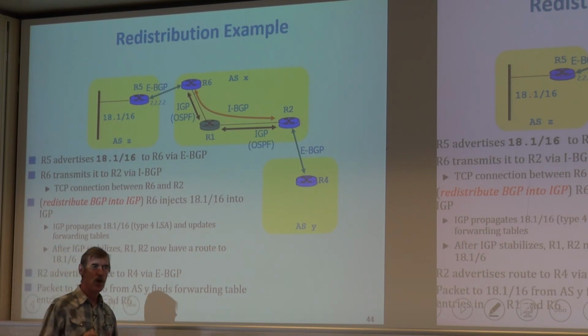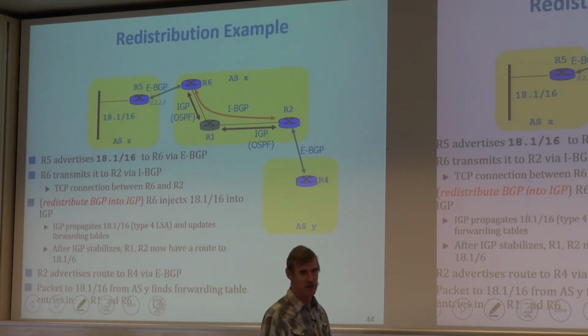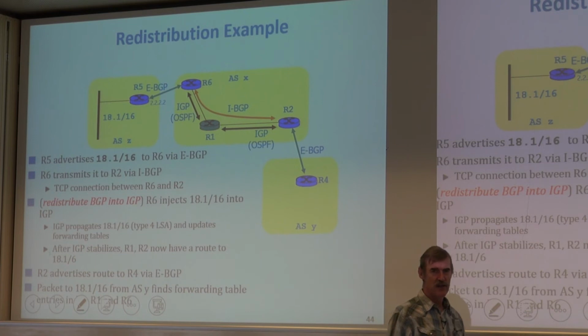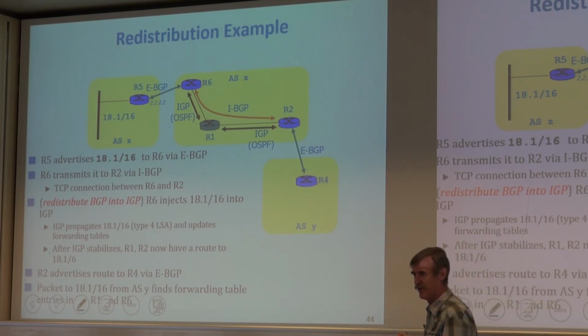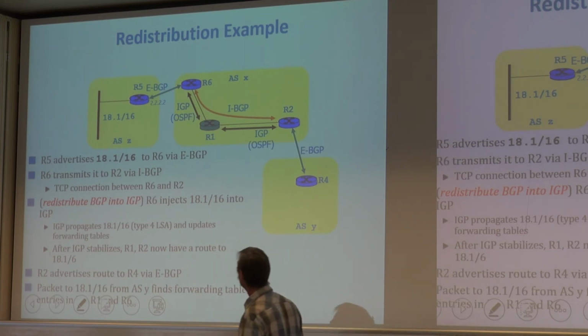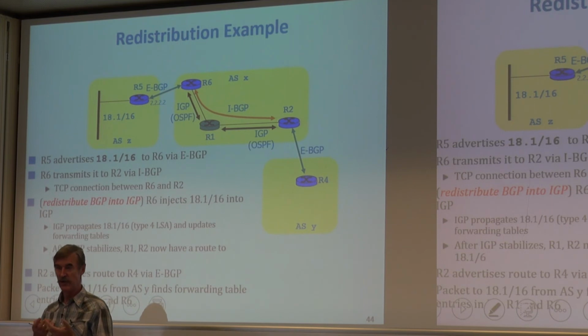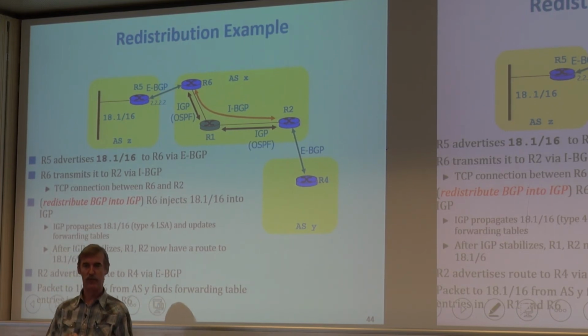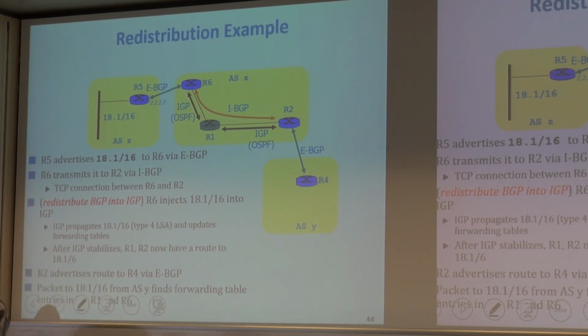What BGP routers do when they inject the routes into the routing table, they inject their next hop as next hop. So R6 will inject next hop 2222 in its forwarding table, which is perfectly okay. The next hop in a forwarding table has to be something directly attached on link.